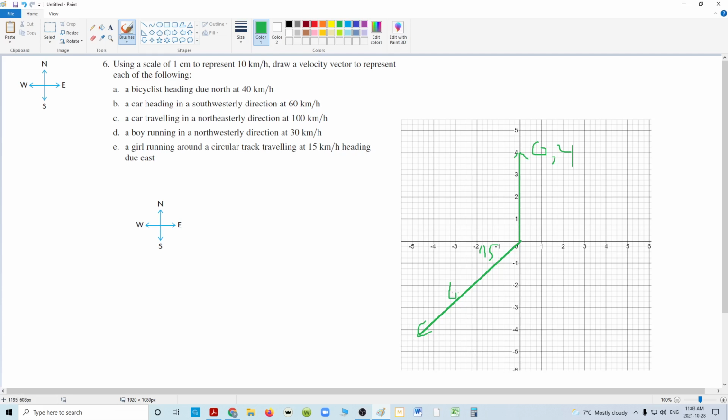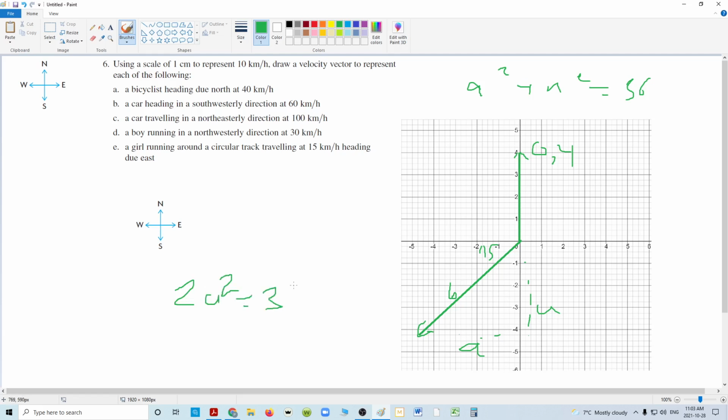Since you know that you want this to be 60, let's just call it 6. We know the two sides are going to be smaller, and they're going to be equal because we're at 45. So you can call them both A, and you know that A squared plus A squared has got to equal 36. Therefore, 2A squared is equal to 36.